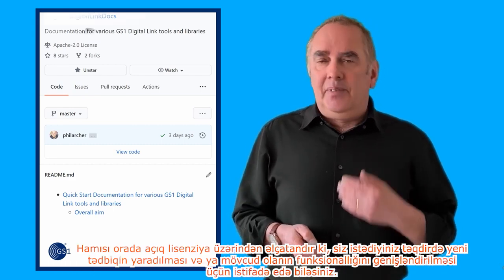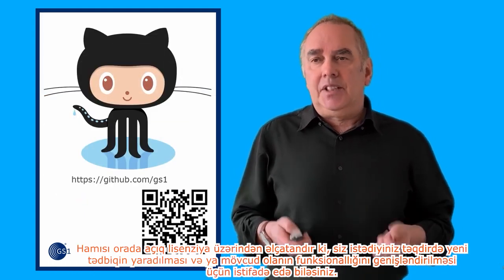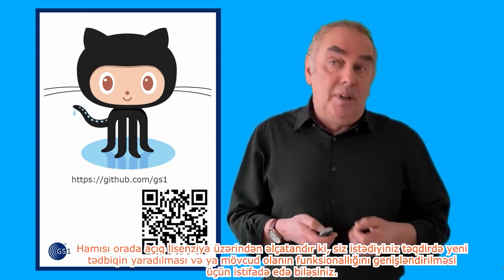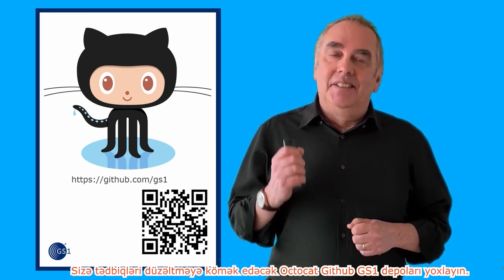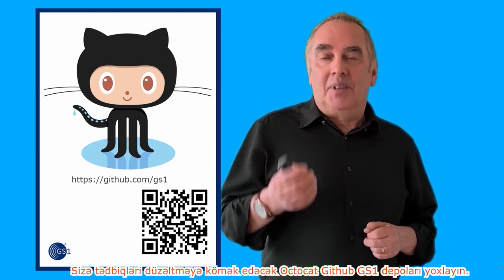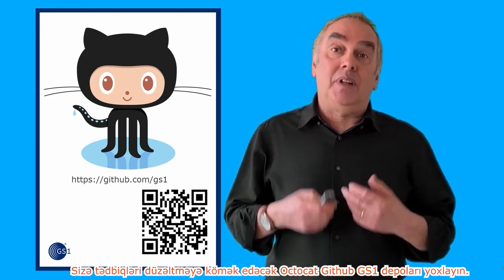It's all there, available on an open license that you can take and use to either create a new app or extend the functionality of an existing one. So check out the Octocat. That is the GitHub repositories of GS1, which will help you build applications.